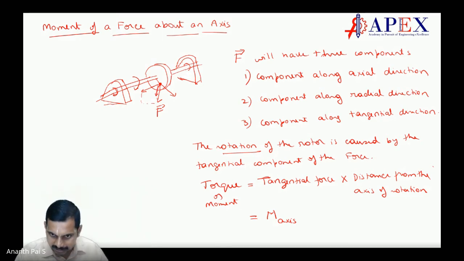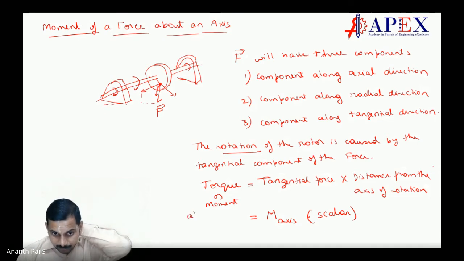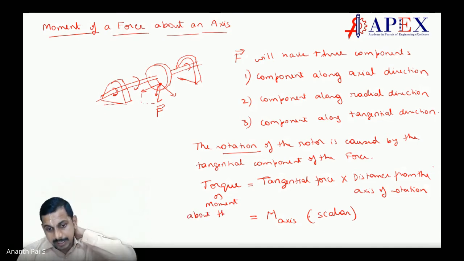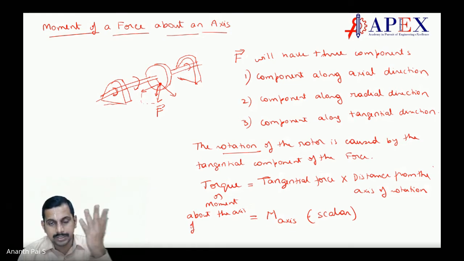And this is a scalar, not a vector. It is a scalar. When you say torque or moment, don't think it is this one. Torque and moment about axis. About the axis of rotation. Very important to mention that it is about the axis of rotation, otherwise you will say, sir, torque is a scalar. No, it's not.